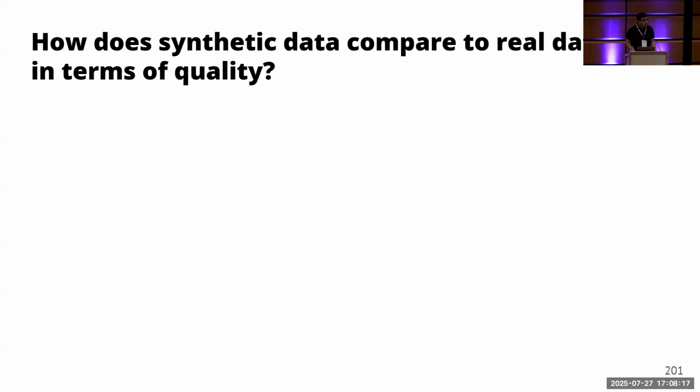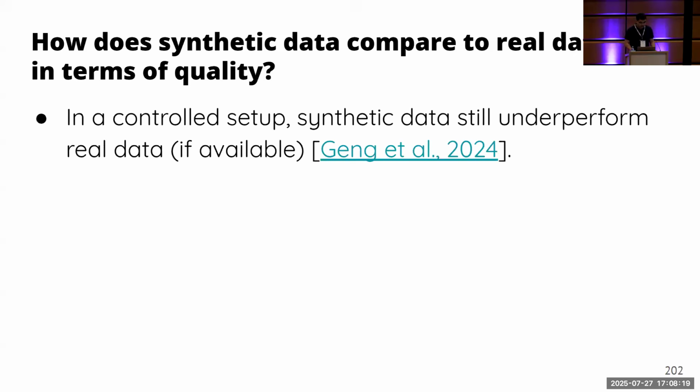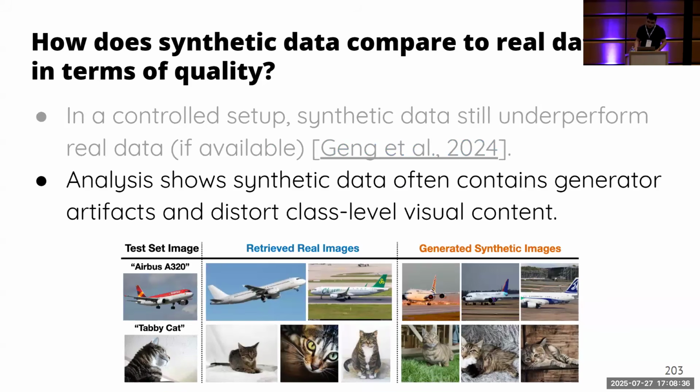Another important perspective for comparison is the data quality. One work last year started this in an image classification setup, and they found that synthetic data still underperforms real data in training image classifiers. Their analysis also showed the reason is that synthetic data still often contain generator artifacts. In this example from the paper, you can find the eyes and the mouth of the generated tabby cat are still quite weird.